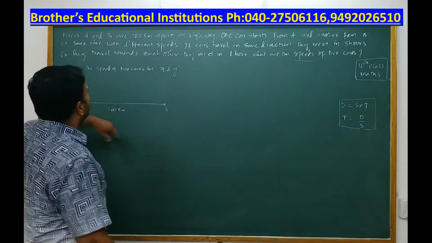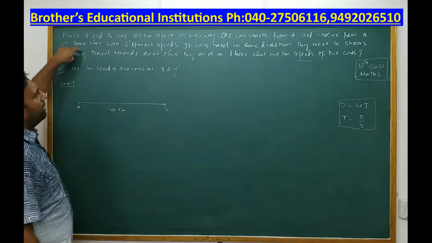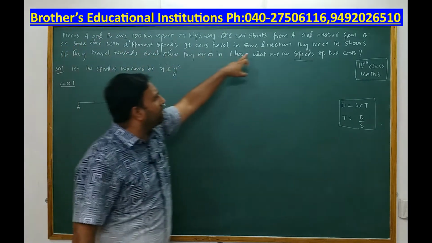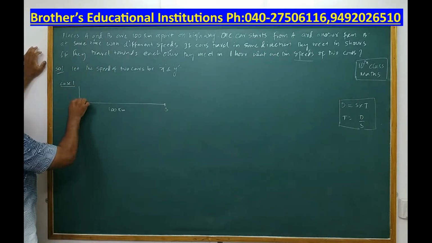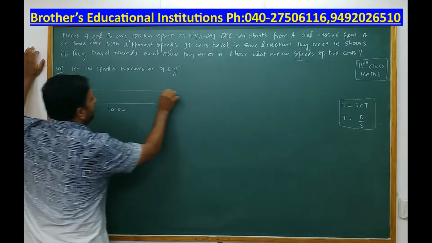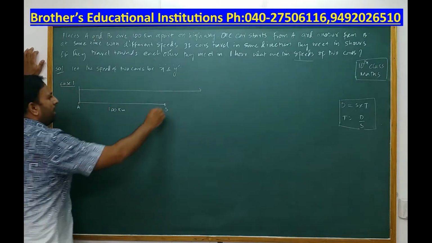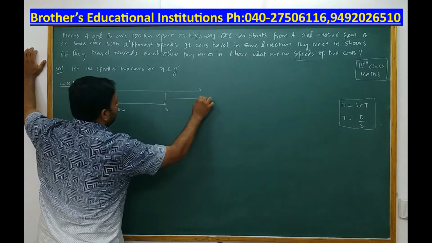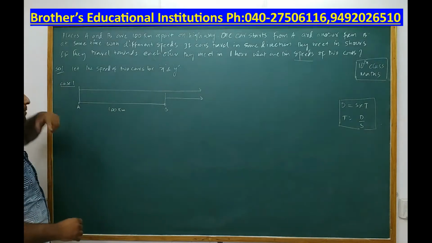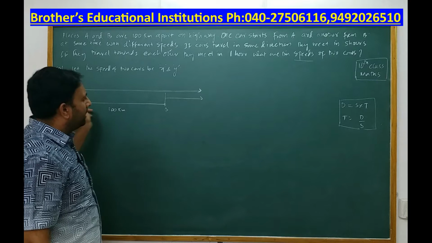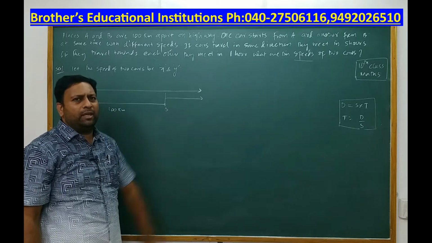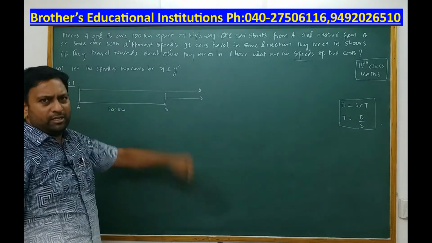Case 1. Both of them travel in the same direction, at the same time. Let us say the car at A travels, and the car at B also travels at the same time. Now, before I move forward, let me tell you, if car A has to catch car B, it has to move with the greater speed.